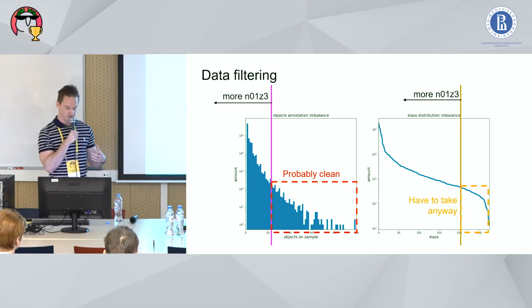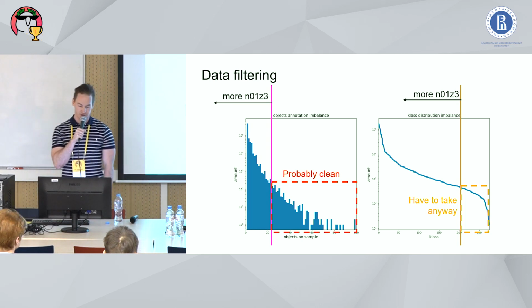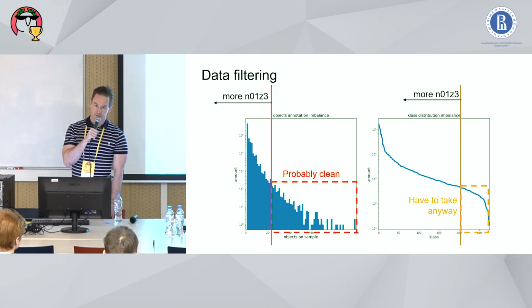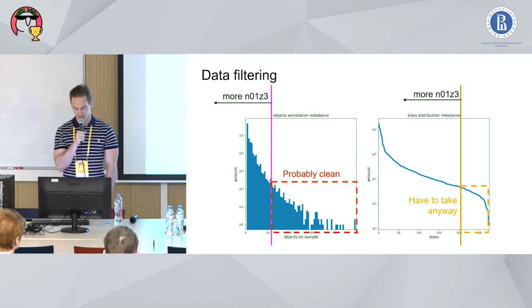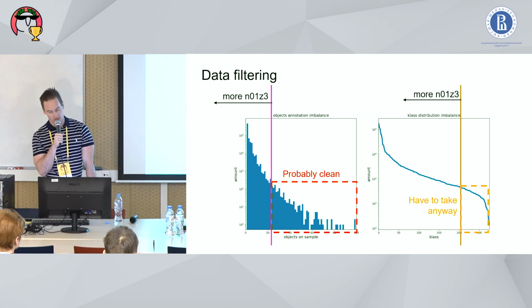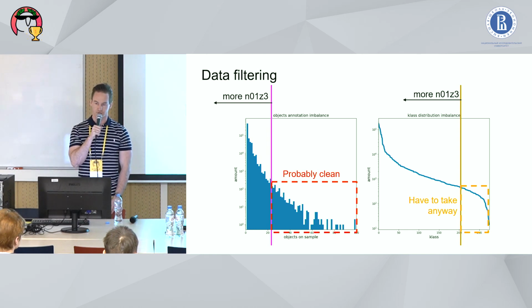Then I decreased the threshold for objects per sample and increased the number of classes with very low presence. I started from 8 objects per sample and finished with 2 objects per sample. For the distribution imbalance, I started from 800 classes and finished with 1000 classes. If I increased the amount of noisy data in the train set, it worsened my score on the validation part.